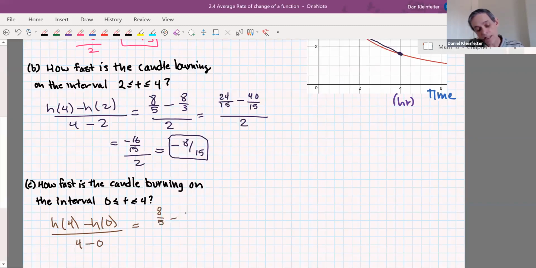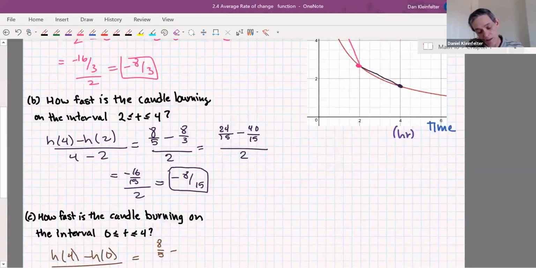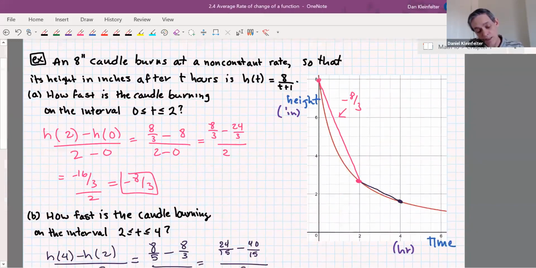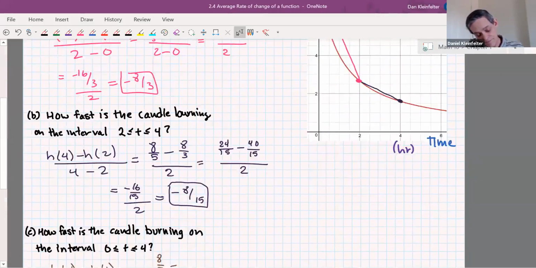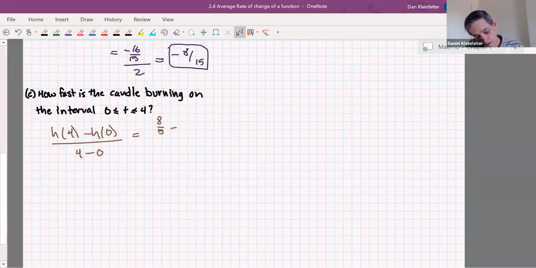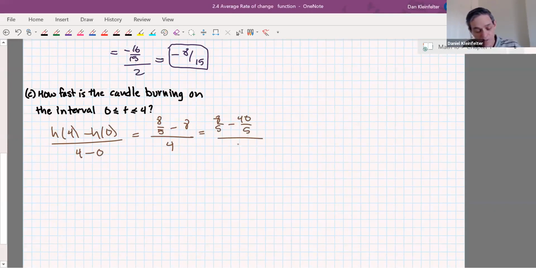H of 0 was the initial height of the candle, which was 8 inches. And then we're doing this over a 4-hour period. Okay, so 8/5 minus 40/5, that's divided by 4, negative 32/5 over 4, that will be negative 8/5.